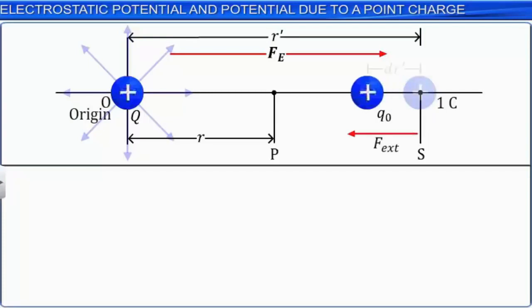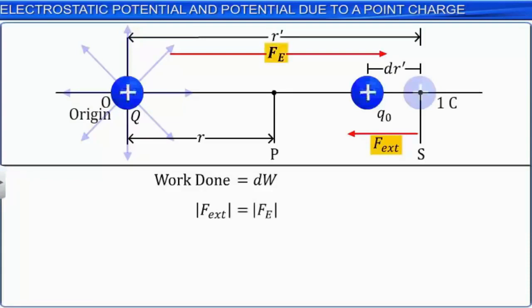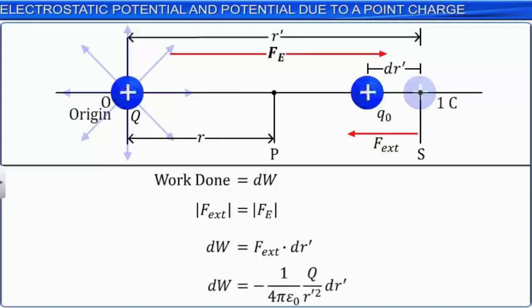The external force F required to move the unit positive charge is equal and opposite to the electrostatic force Fe. dW will be equal to F dot dr', which is equal to -1 by 4 pi epsilon naught Q by r' square into dr'. Let this be equation 2. We observe from equation 2 that the value of dW is negative, since charge Q0 is moved against the direction of the electric field.